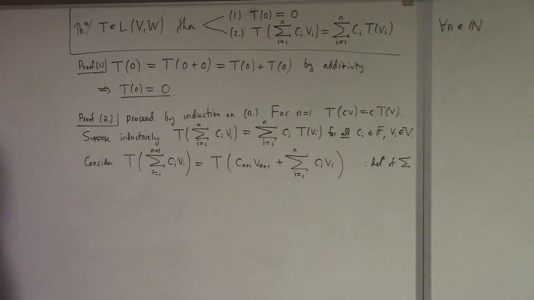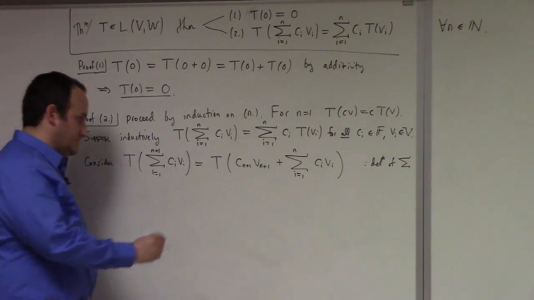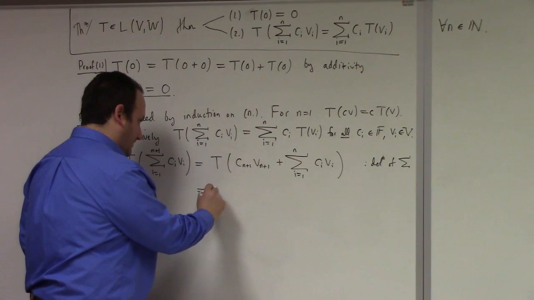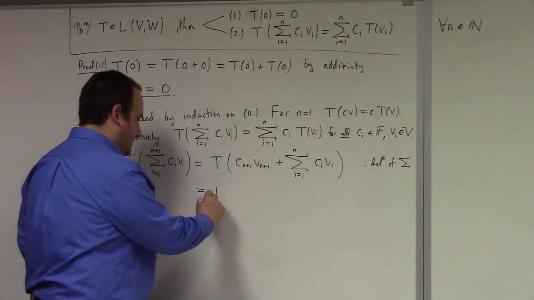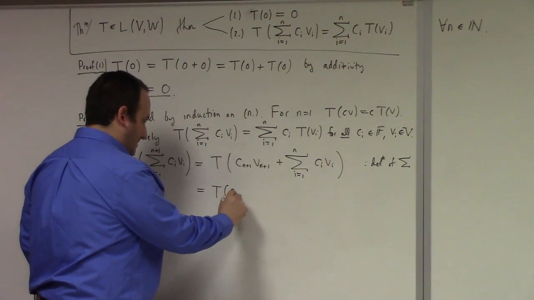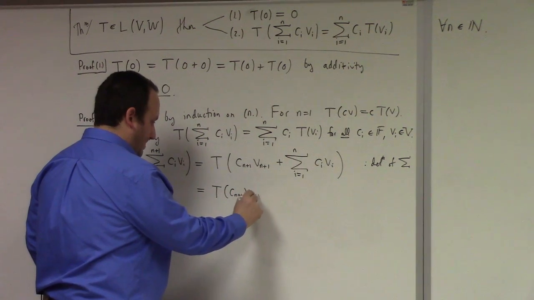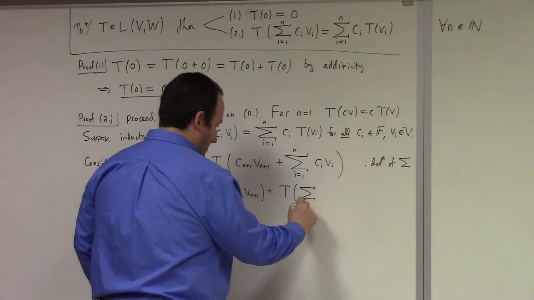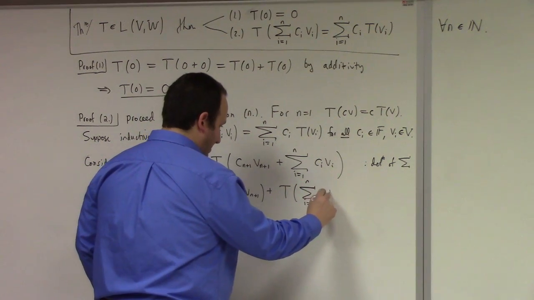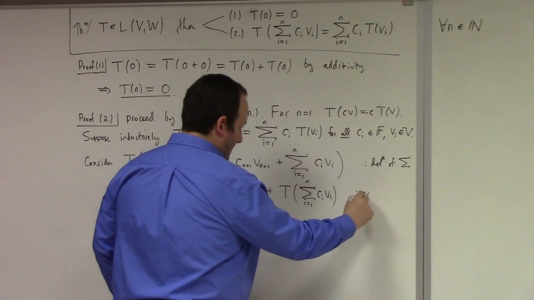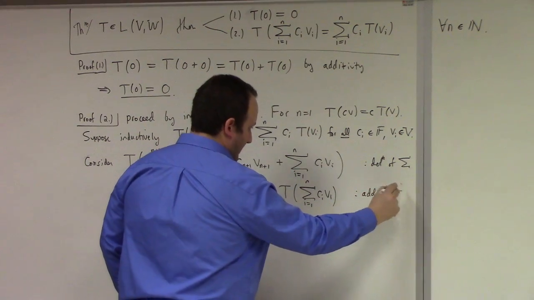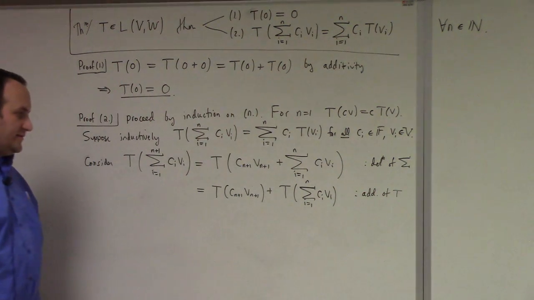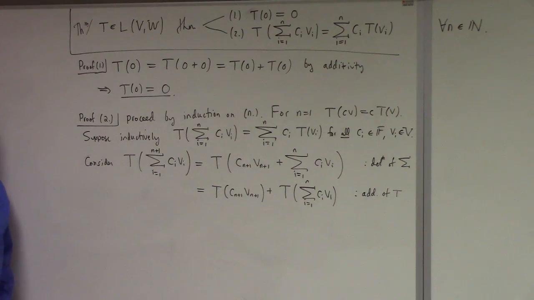So then what? So we can use additivity to do this, right? Which we have because T is assumed to be a linear transformation, right? And then what?